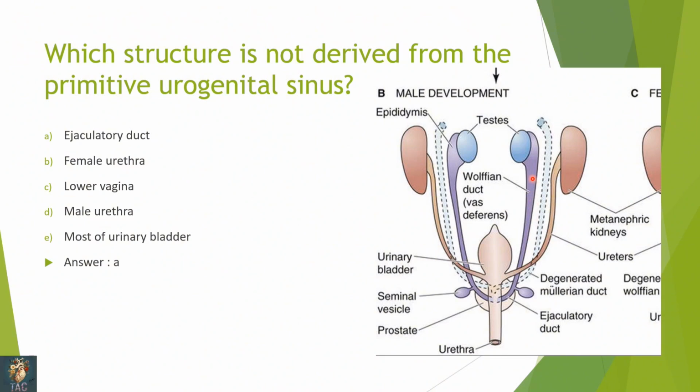And here you can see in this diagram that this Wolffian duct or mesonephric duct forms the vas deferens, and here they contribute to the formation of the ejaculatory duct. So answer A is the correct option.